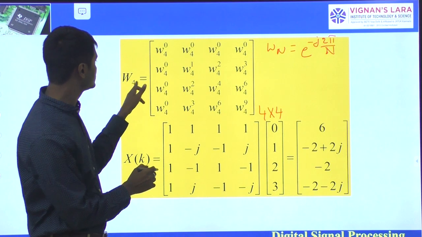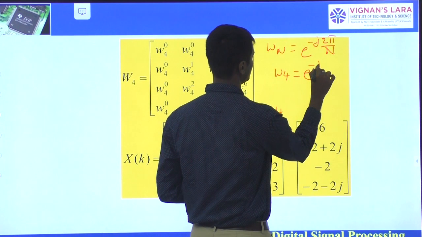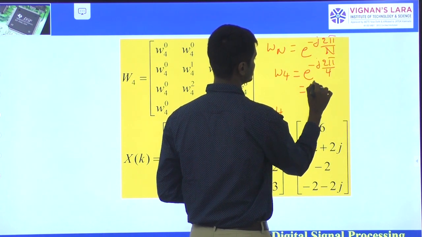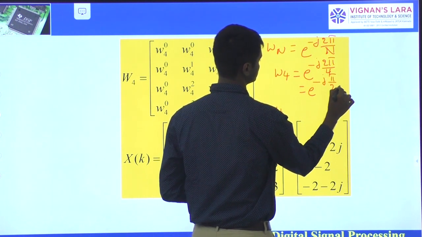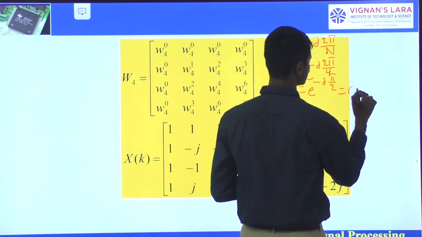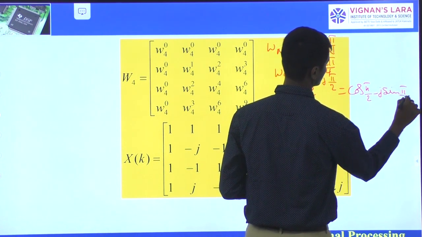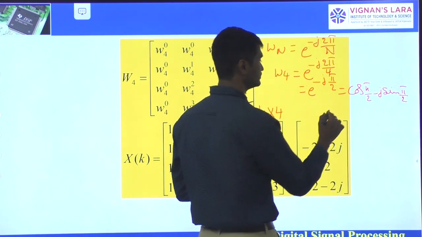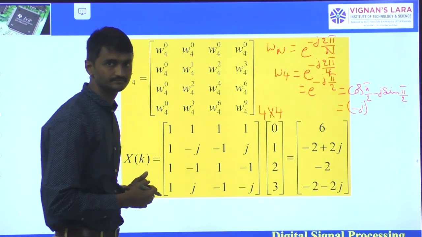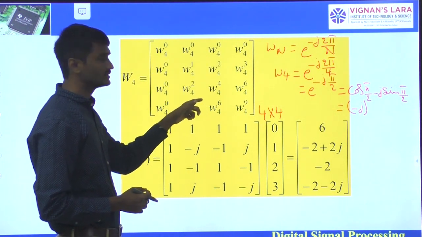So here the twiddle factor value omega 4 is equal to e power minus j 2 pi by 4, that is equal to e power minus j pi by 2, that is cos pi by 2 minus j sin pi by 2, which is equal to minus j. Okay, minus j.